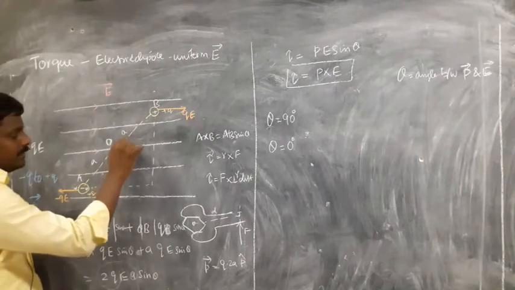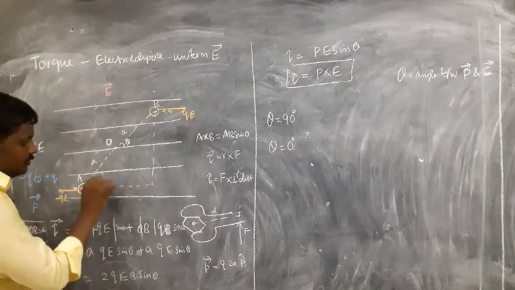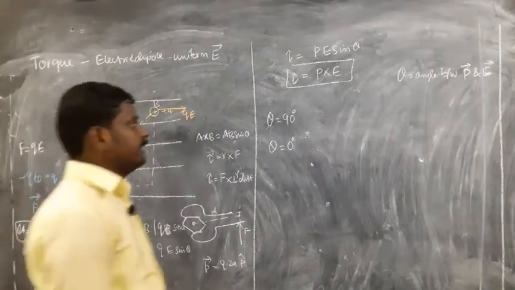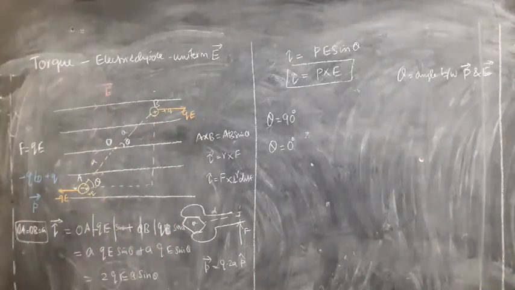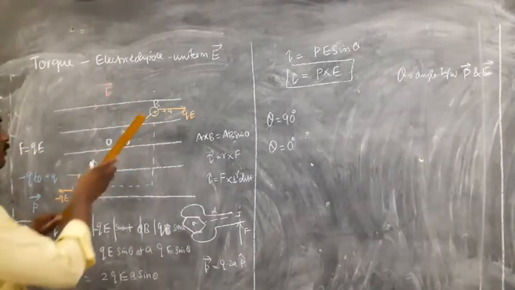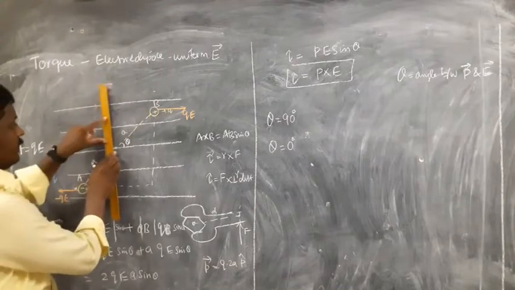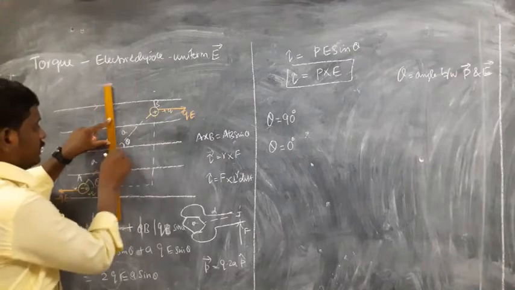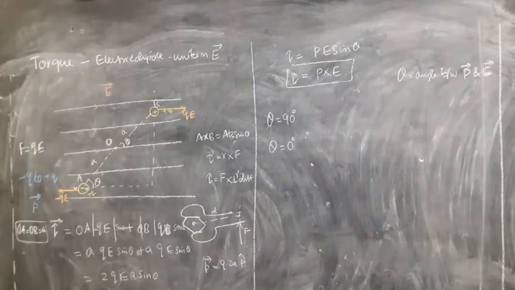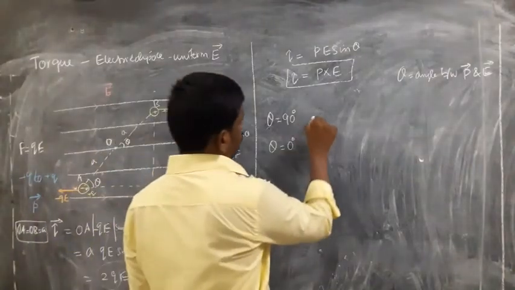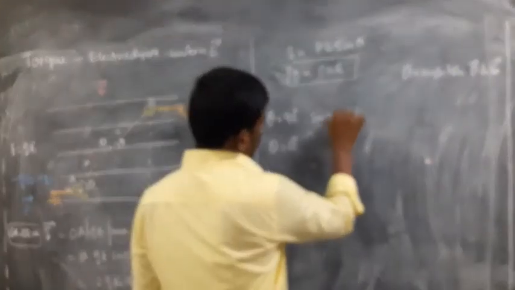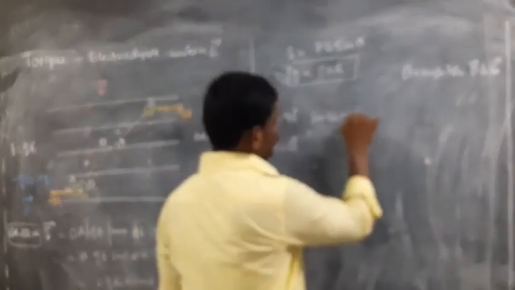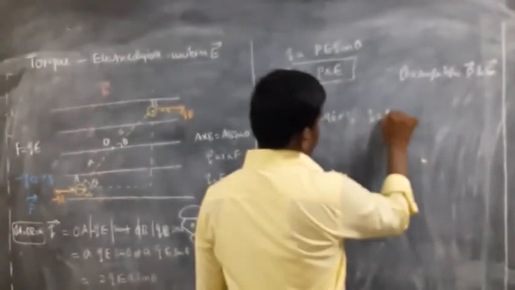The angle here is theta, and here also the same theta. If theta is 90 degrees, consider the scale as a dipole. The angle between the scale and the electric field is 90 degrees. So sin 90 equals 1, so tau is equal to pE.